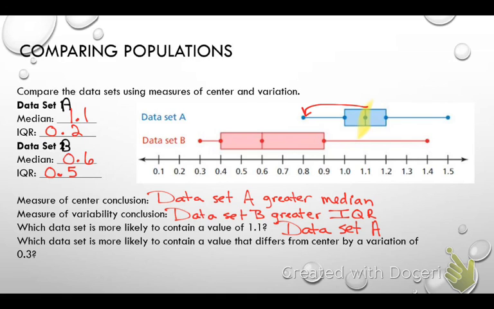Very slim chance that there's any data in those ranges for A. But for B, if I start here and I go 0.3, I'm still inside the box. So there's a chance that I could definitely have some values. And even here, there's still a range to get to the edge of the box where I could have some values. So that's why I would say it's data set B for sure.